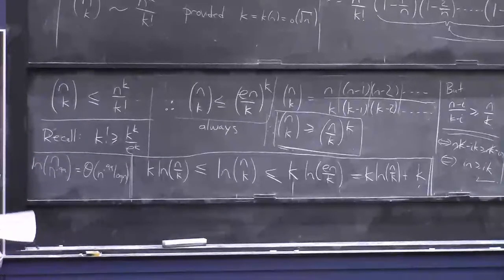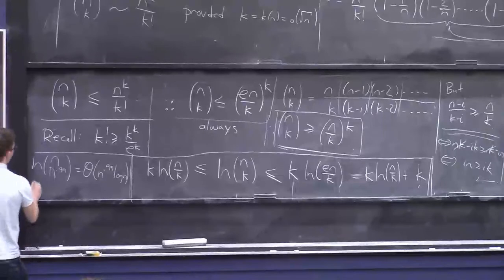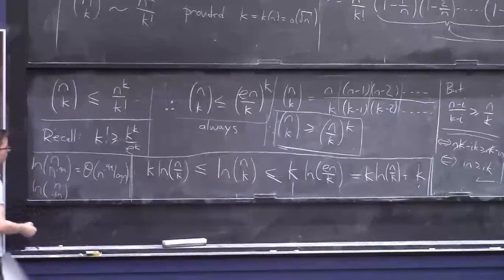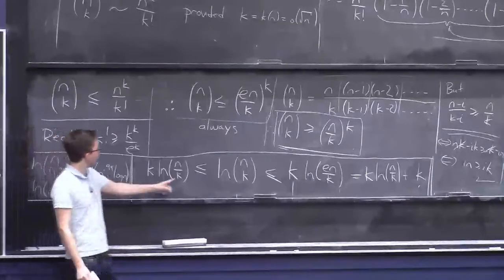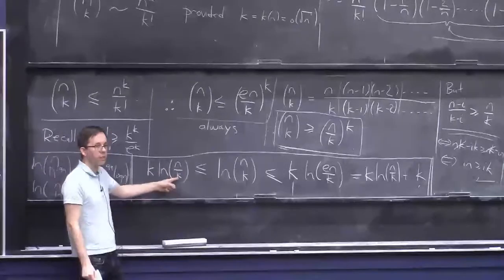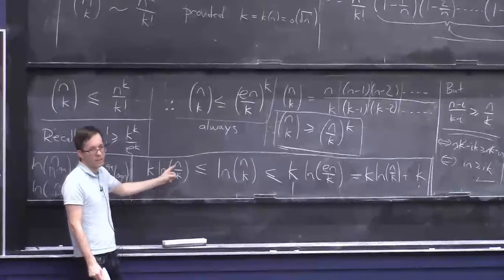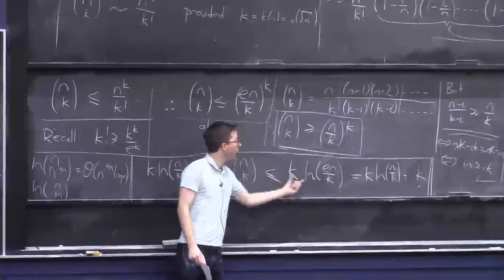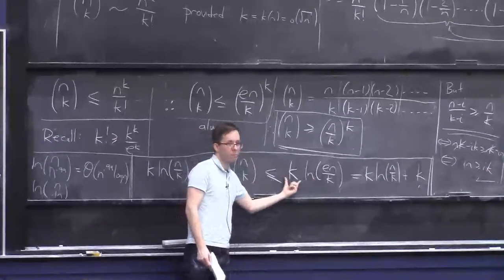On the other hand, if you plug in, let's say, k to be 0.1n, so ln of n choose 0.1n. There, if k is 0.1n, then the n's cancel, and you get ln of 1 over 0.1, you get ln 10. Anyway, you get a constant. So you get a constant here and a constant there, and k just remains 0.1n.